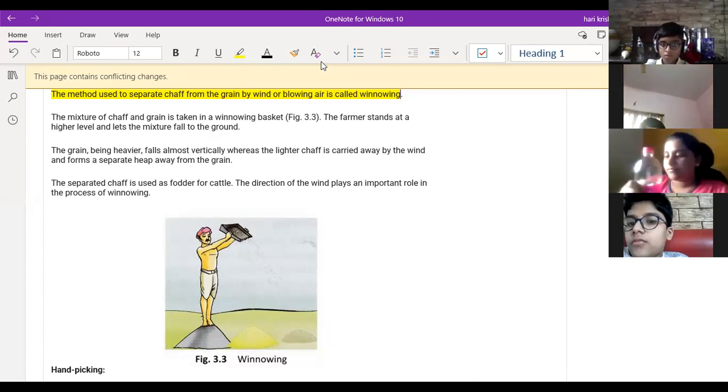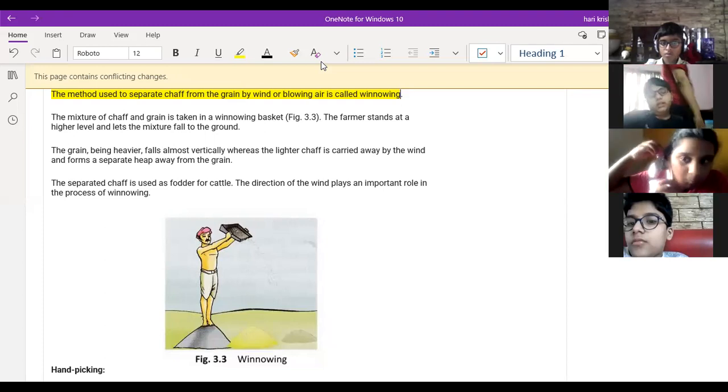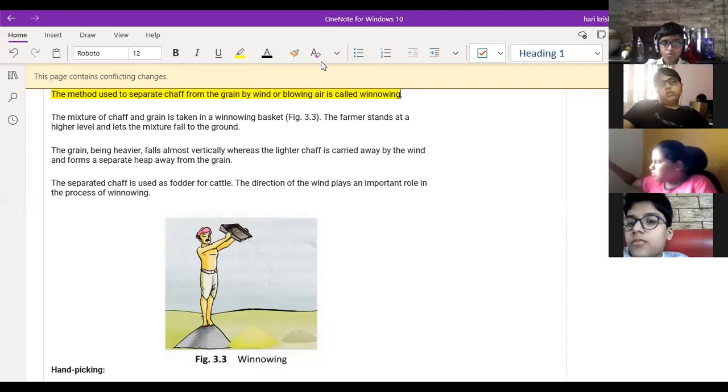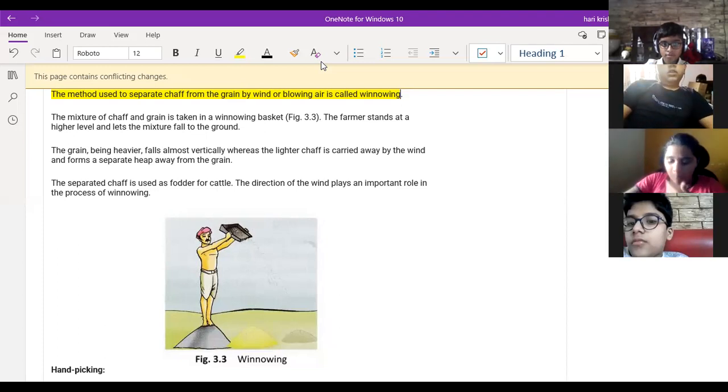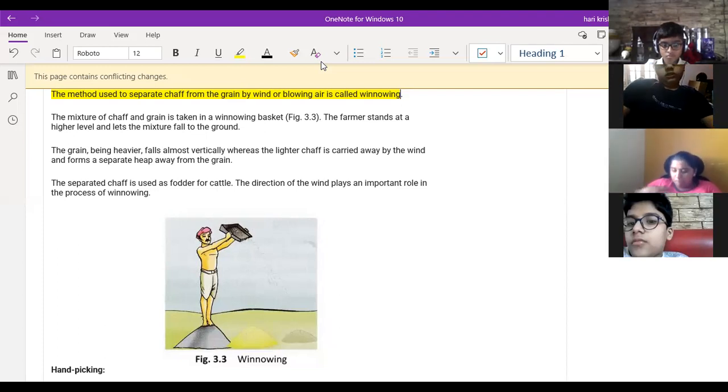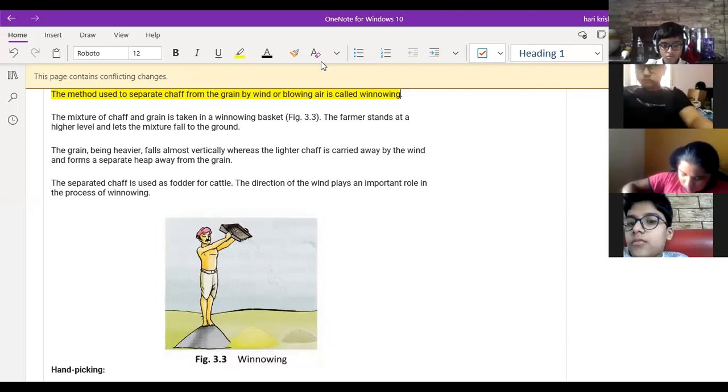Entirely different technique. The hay particles will be left on the top, and the grains will go under that, sir. But we cannot separate exactly as we do with the winnowing process, right? In sieving, we have different sizes of sieves, but all the particles will not fall below.